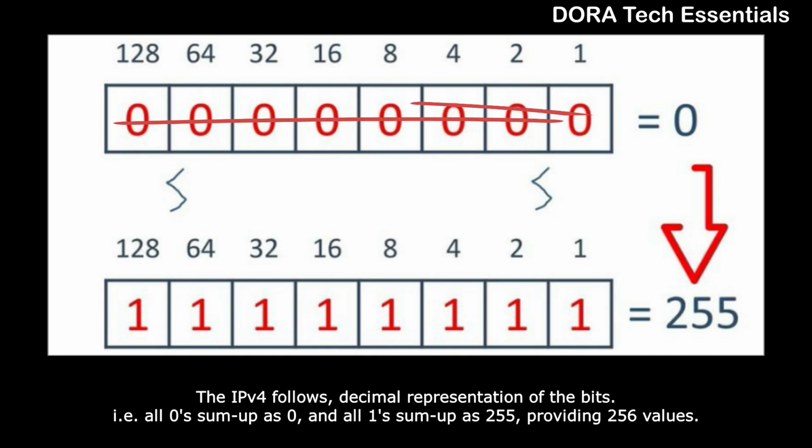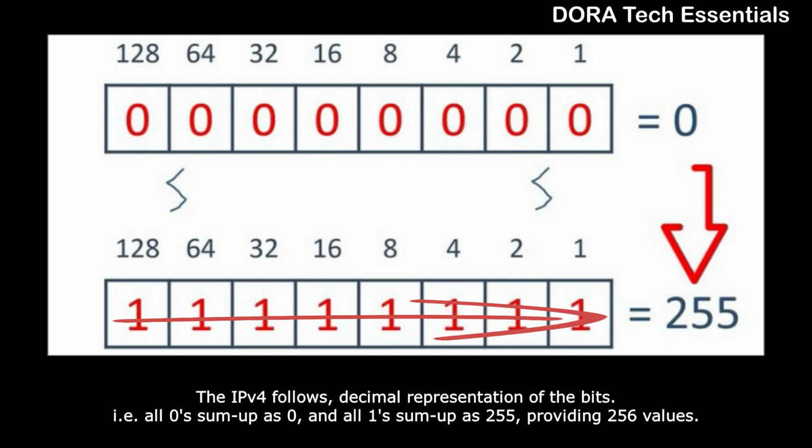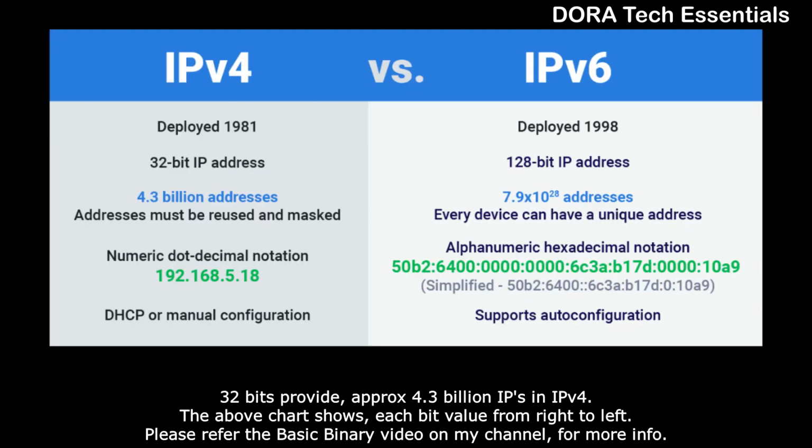That is, all zeros sum up as 0, and all ones sum up as 255, providing 256 values. 32 bits provide approximately 4.3 billion IPs in IPv4.